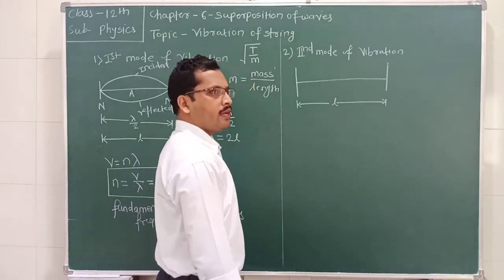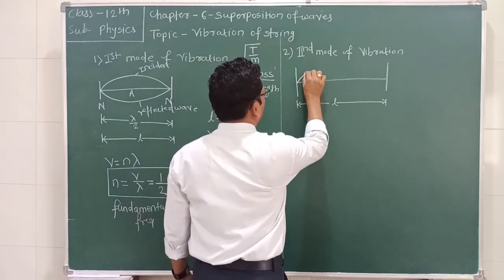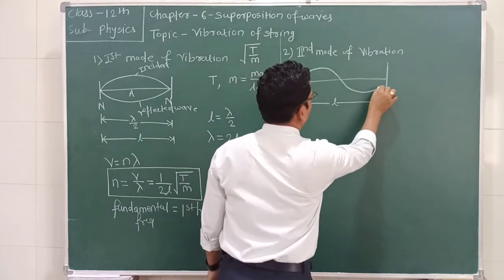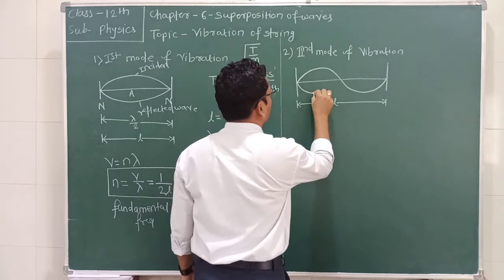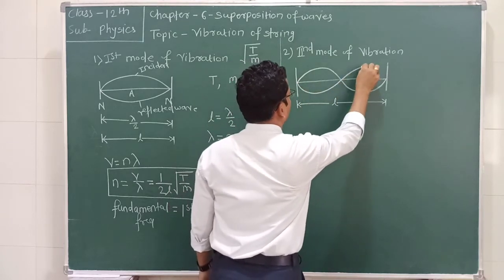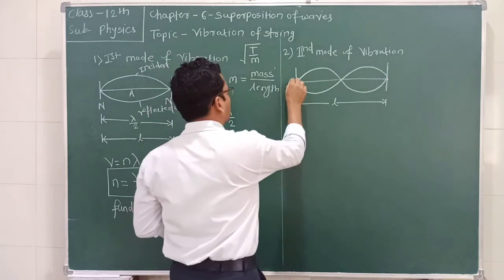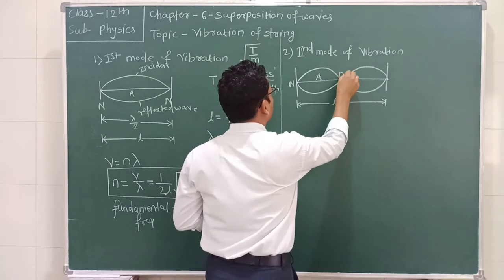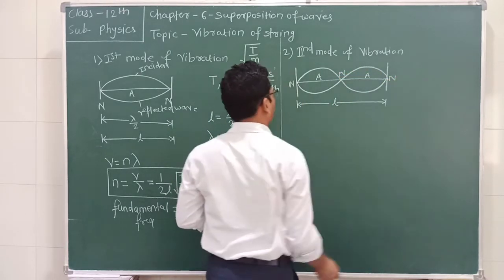So we can write here, this is node, this is antinode, this is node, this is antinode, and this is node.